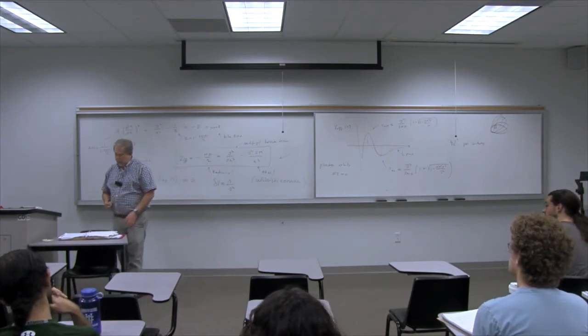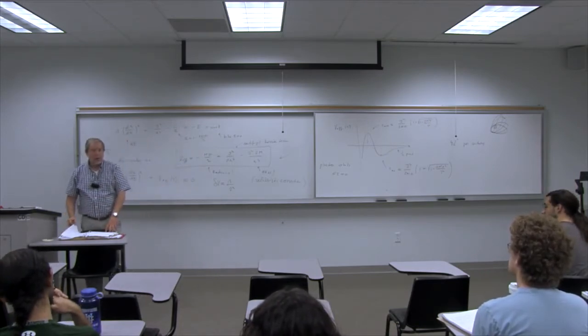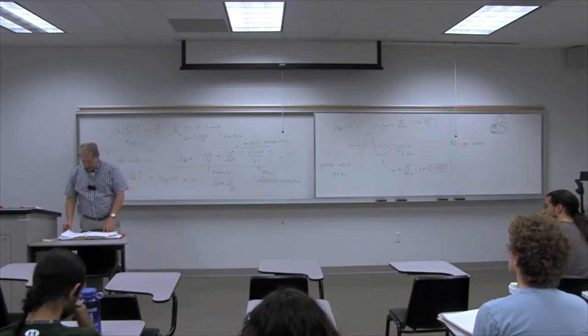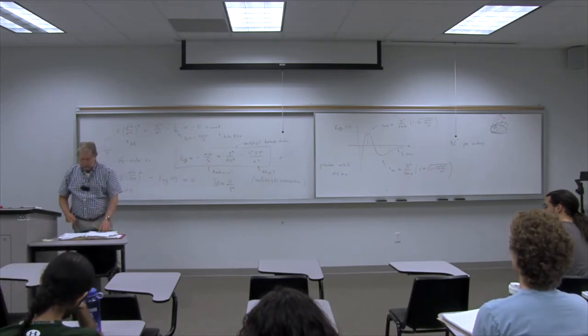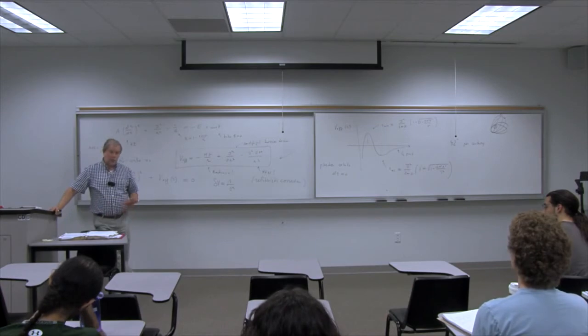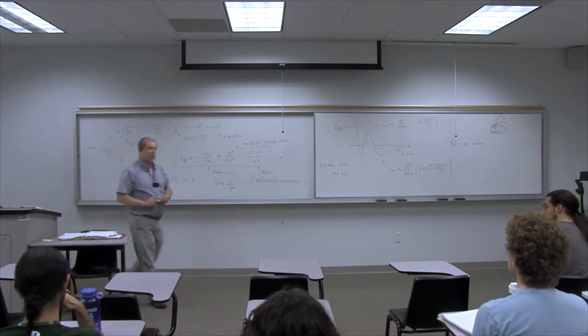So anyhow, next time we're going to talk about a little bit more stuff that relates to the solution of the equations of motion for the Schwarzschild metric, and then after that we'll do some other things.